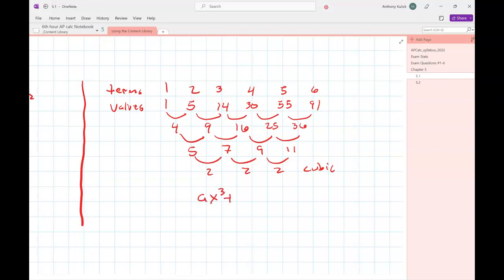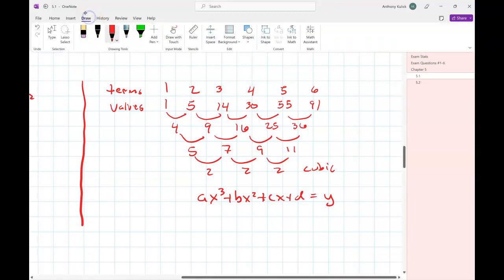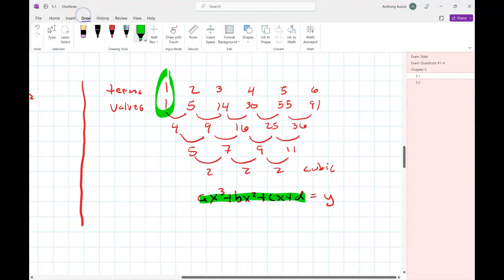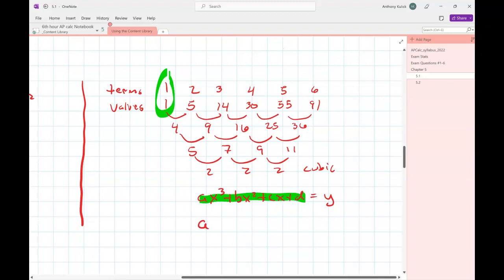So we'd say, okay, we need a general cubic equation. I have to solve an equation that has 4 variables in it, so I need to create a system of 4 equations. I'm going to take a term and a value and plug it in to create an equation.